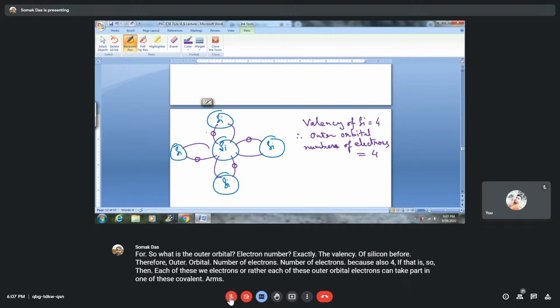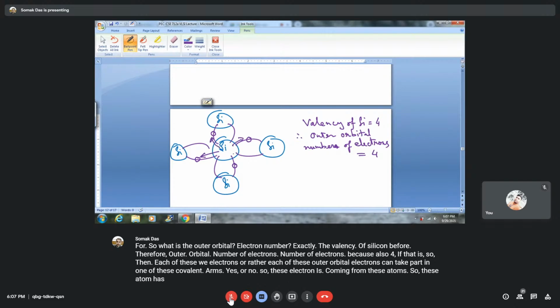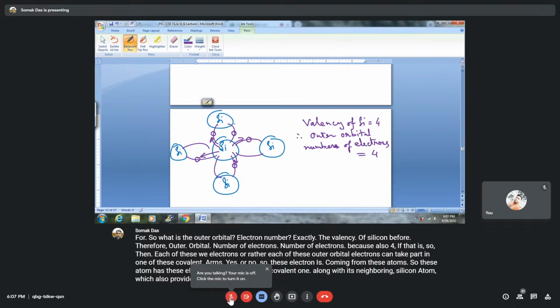Yes or no? So this electron is coming from this atom. So this atom has these electrons taking part in the covalent bonding, along with its neighboring silicon atom, which also provides another outer orbital electron to form a single covalent bond.